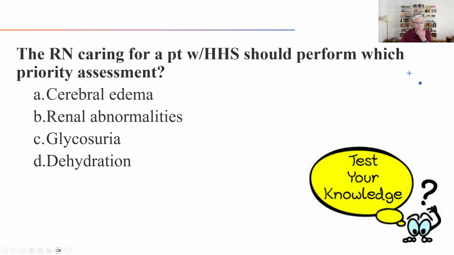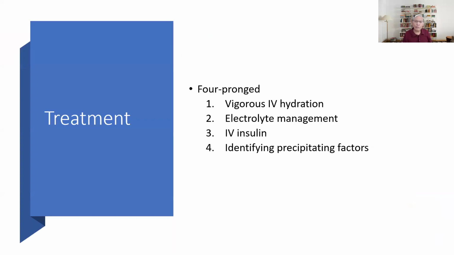All right, so what is the treatment and how is it different from treating diabetic ketoacidosis? Well, we also do vigorous IV hydration as well as giving electrolytes and insulin. So it's similar to how we treat DKA.